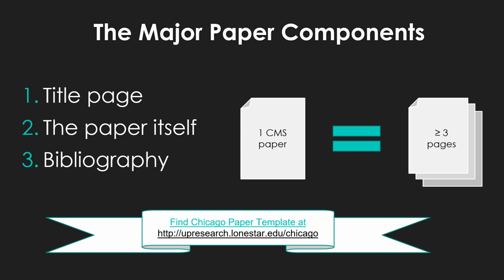You can find a Chicago paper template at upresearch.lonestar.edu. This document will download and is programmed with the correct font, spacing, margins, and title page, all conforming to Chicago specifications.